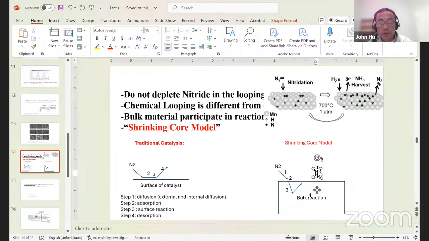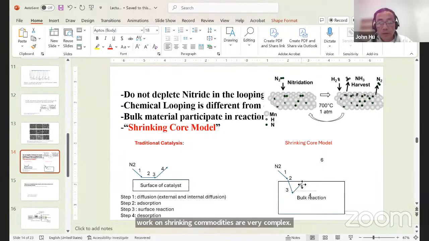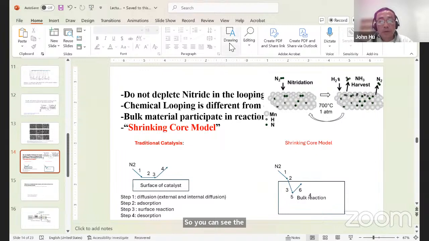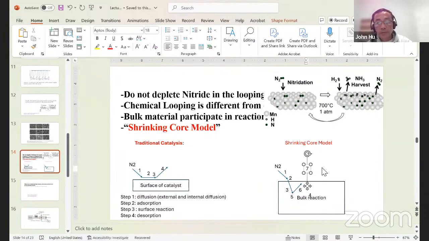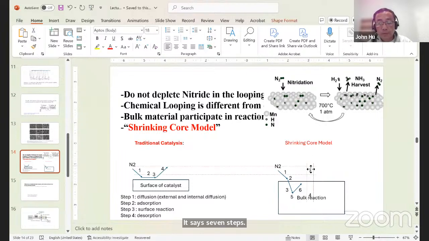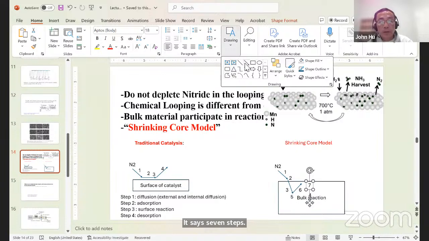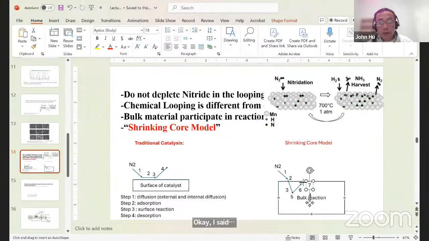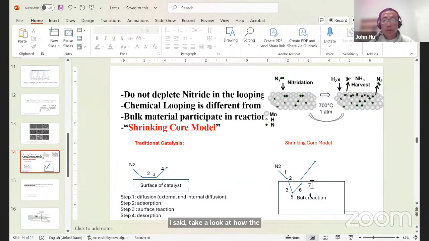So you can see it's 7 steps. Okay, let's take a look at how the chemical looping shrinking core model works.